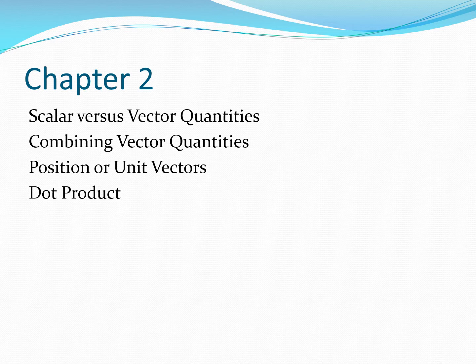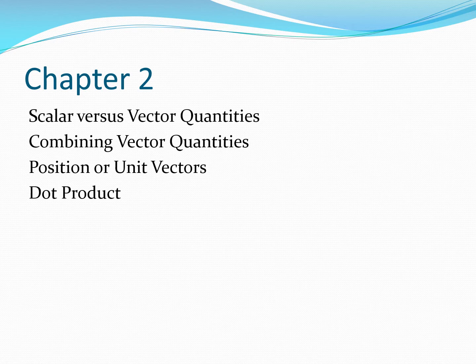Chapter 2 starts to get into some actual content, some meat that we're going to use for the rest of the book. So the first topic that you come across is scalar versus vector quantities. Scalar quantities are things that are represented just by numbers. For instance, if somebody said the temperature is 73 degrees outside, everybody understands what that means.